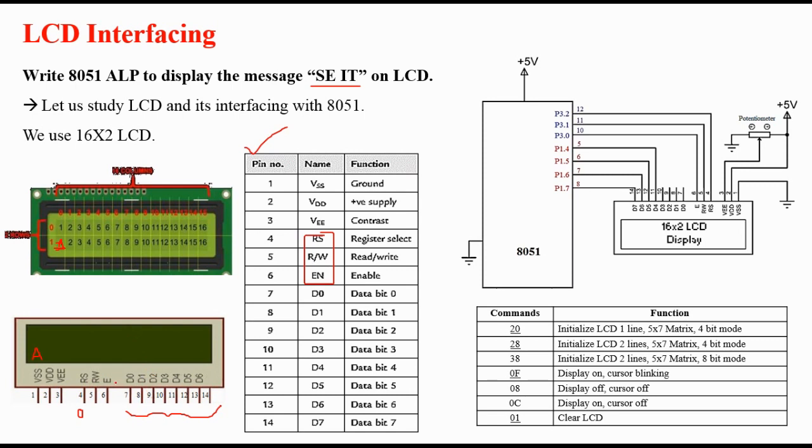Here one more important thing is that we have the RW pin. Basically it is internally RW bar. So in order to do a write operation, we have to make it 0. This pin should be made 0. If microcontroller wants to read the content of LCD, then that pin should be made 1.